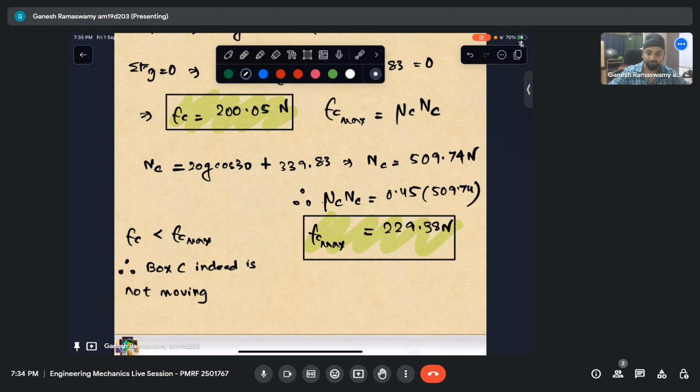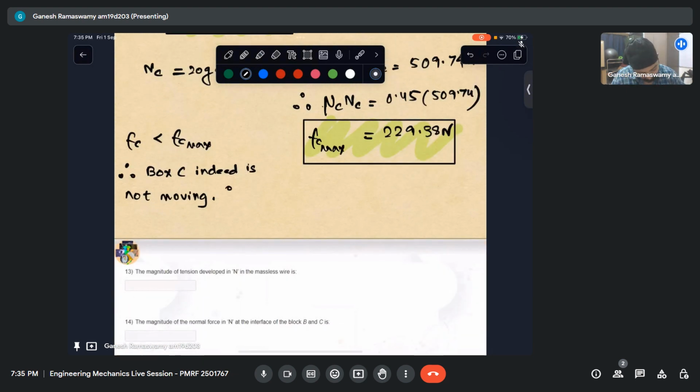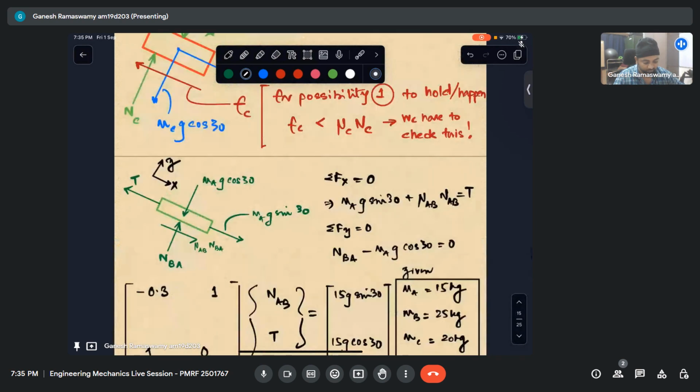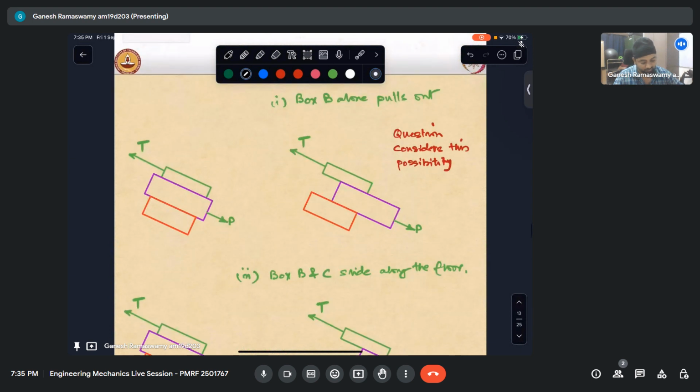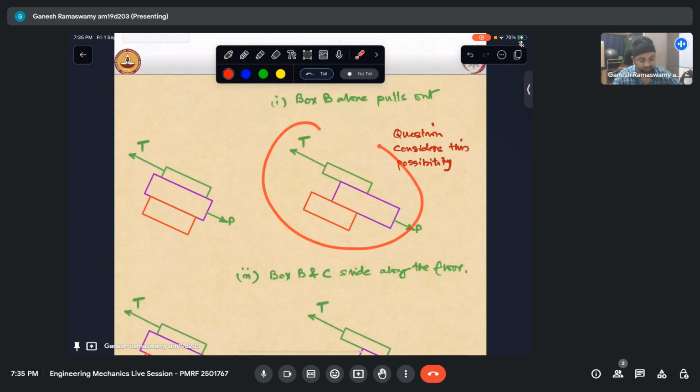Therefore, possibility 1 is valid. So naturally possibility 1 is our box P pulling out box 2. This possibility definitely holds. So the question is correctly posed. If this was not the case, then it would have been the other way around.